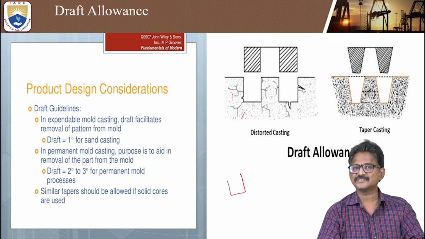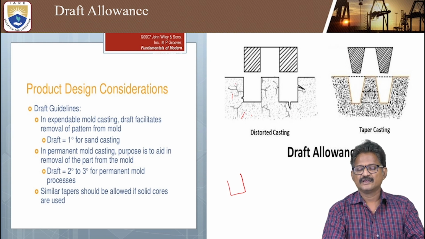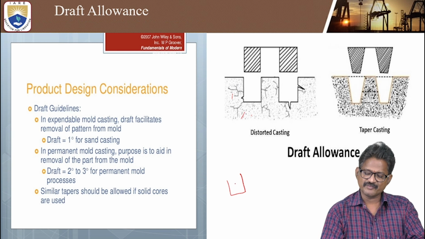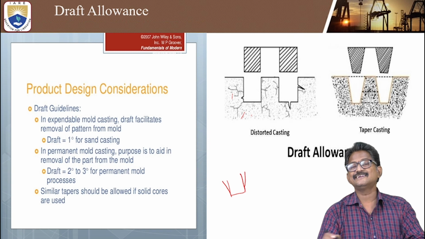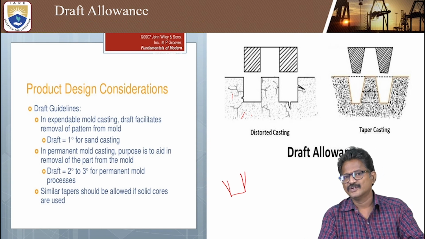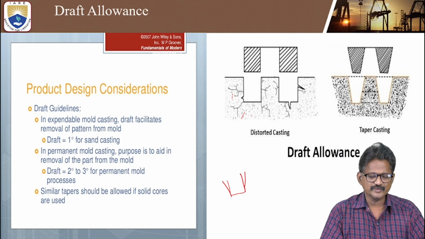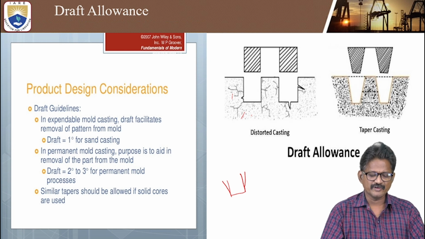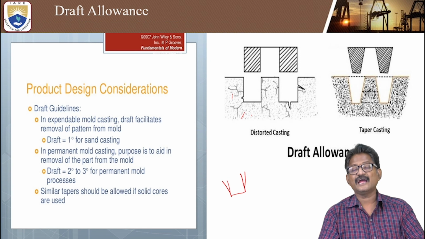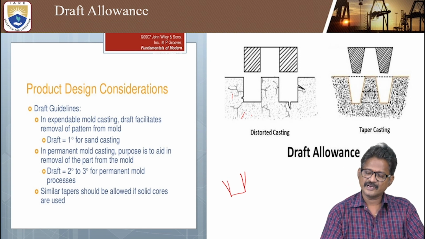Draft allowance means you should apply some allowance wherever a vertical shape is there, in the internal and external draft. In general, you can provide 1 degree for the internal, and for the external, 2 to 3 degrees can be used for the draft.